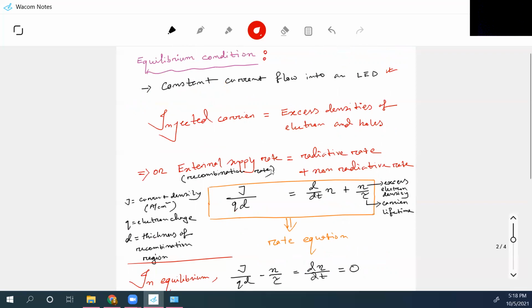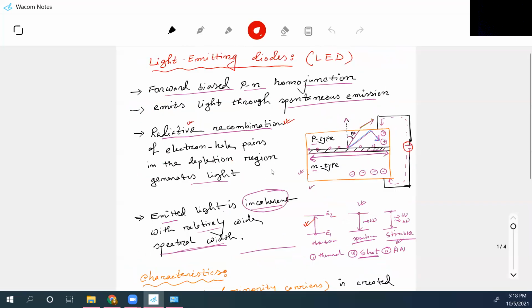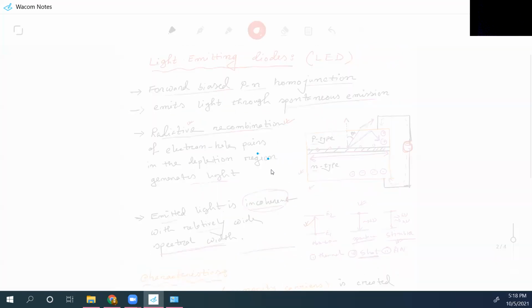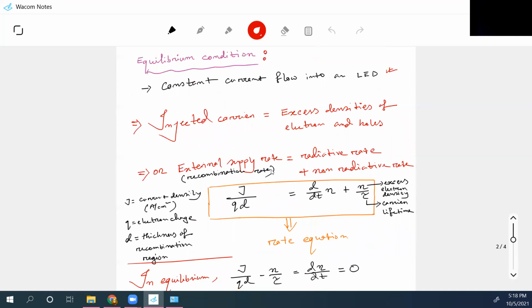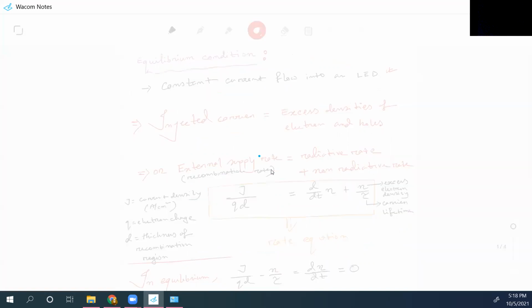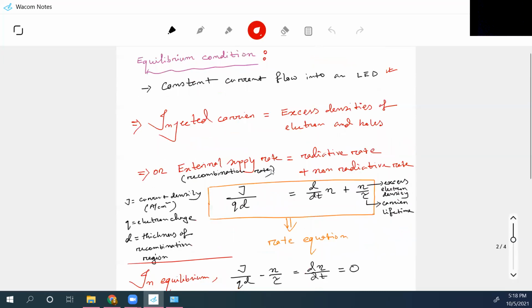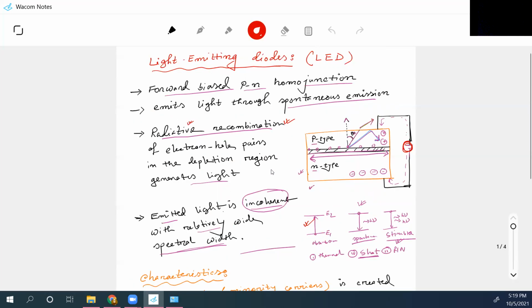It means the injected carriers, not current, the injected carriers, which we are injecting by making it forward biased, will be equivalent to the excess densities of the electrons and holes.